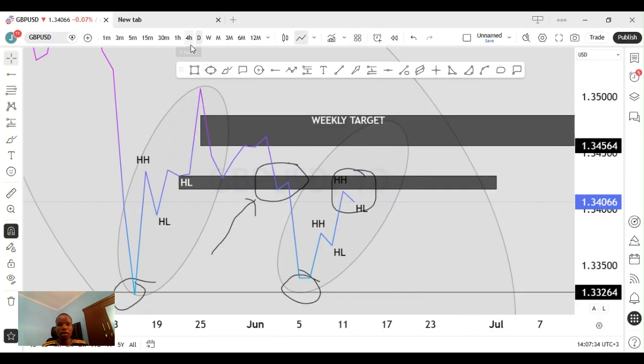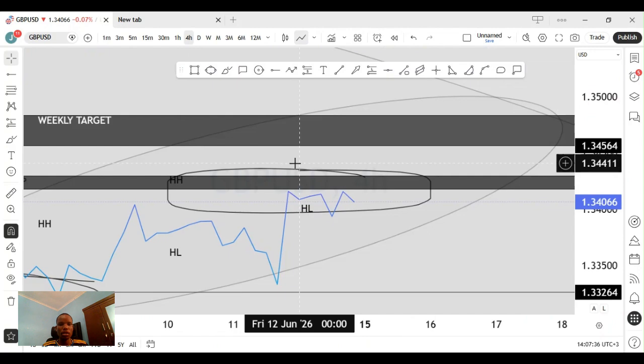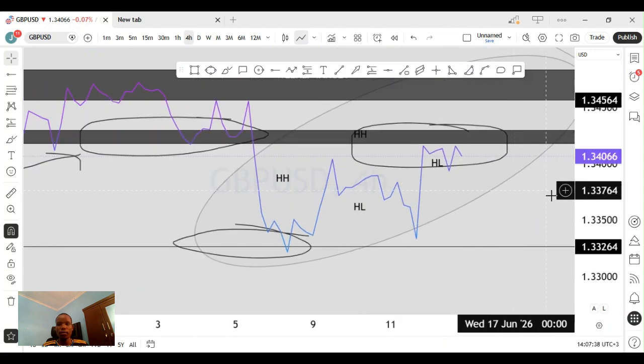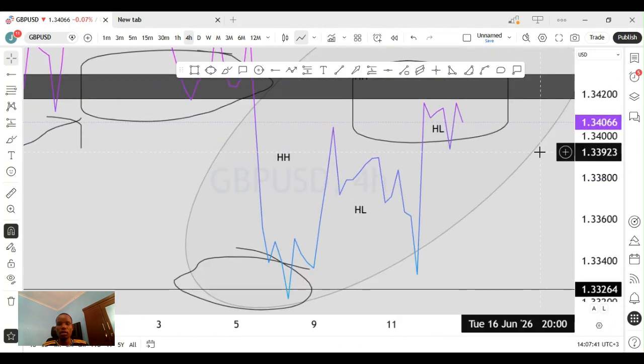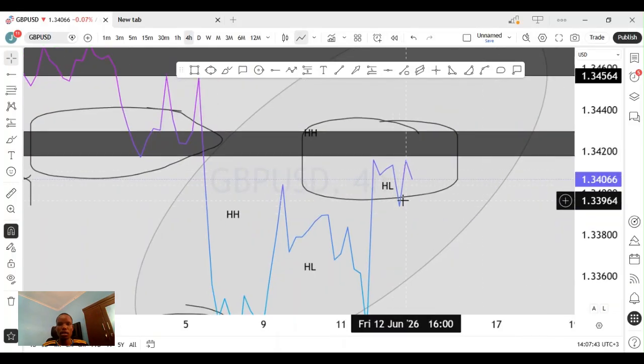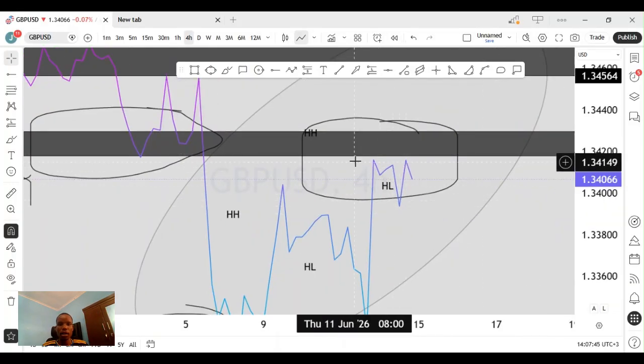Let me shift into the 4-hour time frame so you can see it clearly. In the 4-hour time frame we saw at this position some consolidation and the market is already creating a high, as you can see.